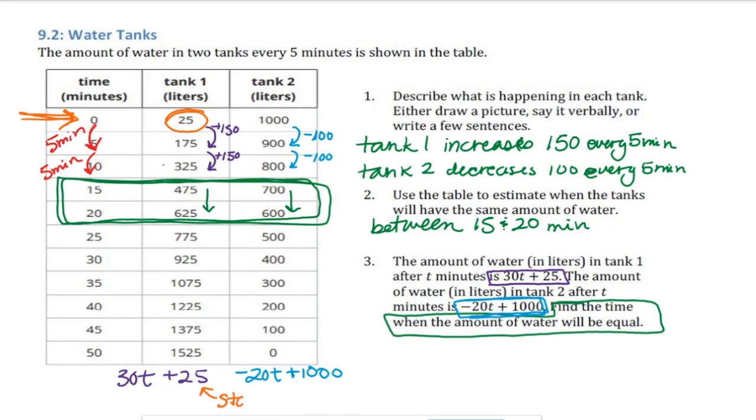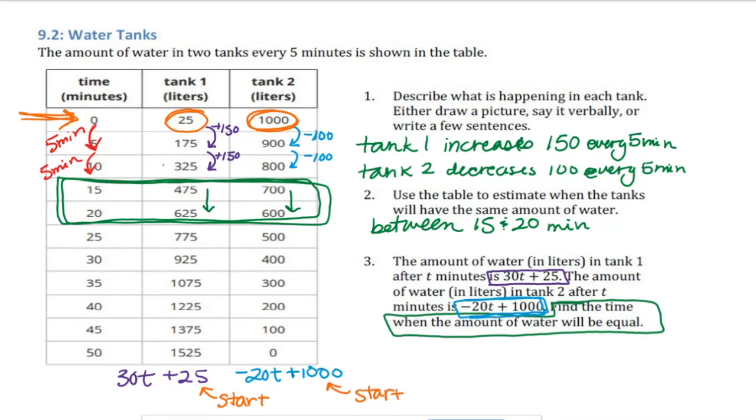This is where we start. So we start at 25. It's our beginning amount. If we look at tank 2, find 1000. That's where tank 2's levels begin. So this number at the end is where we begin in our measurements.